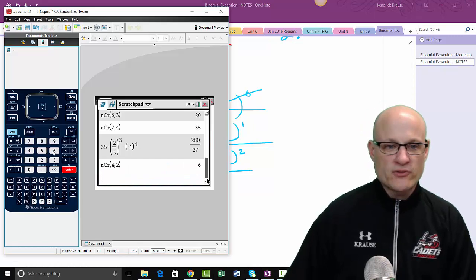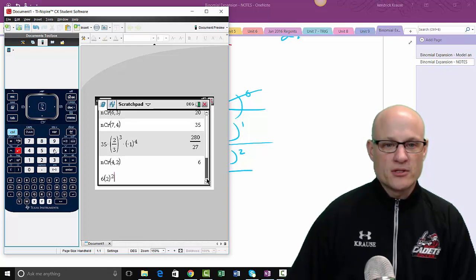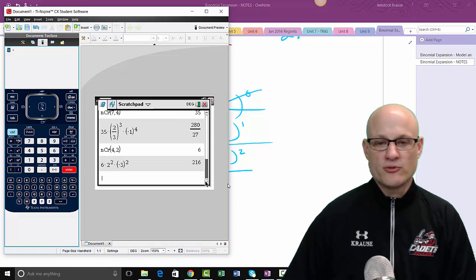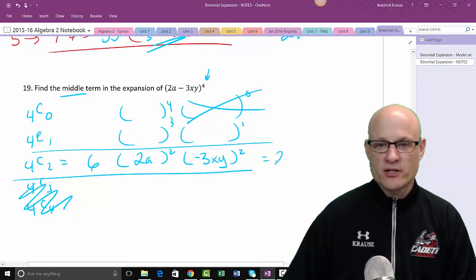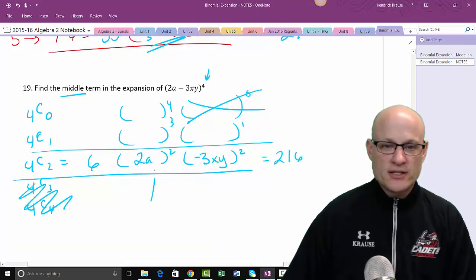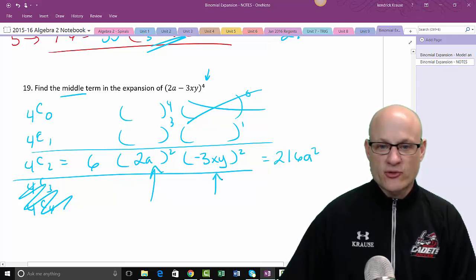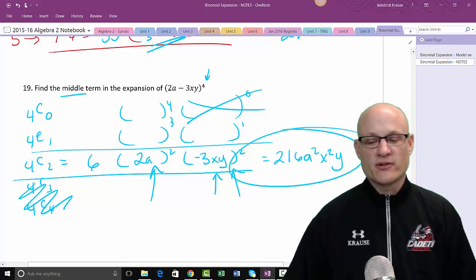So it's 6, parentheses, 2 squared, parentheses, -3 squared. Oh, 216. So it's 216 a squared x squared y squared. There it is, kids.